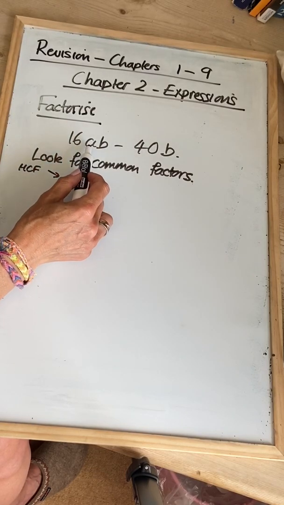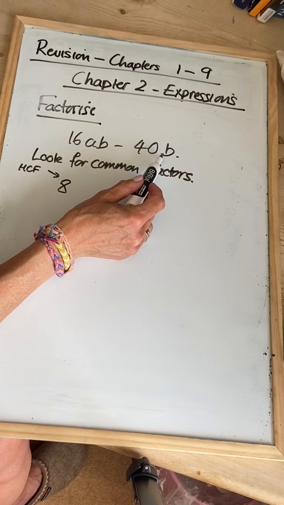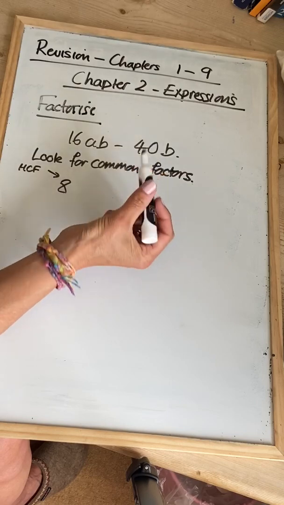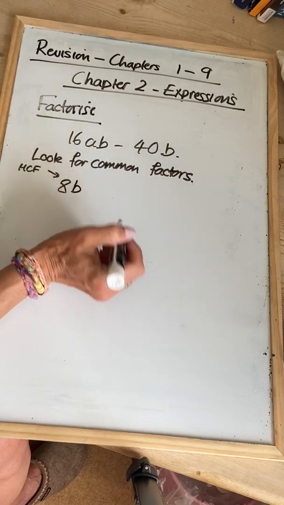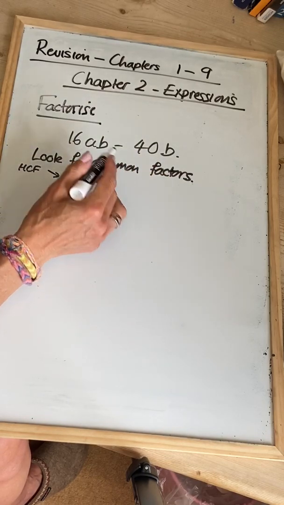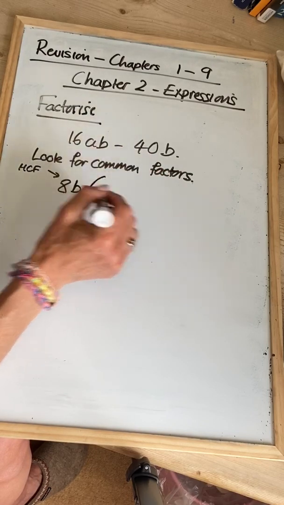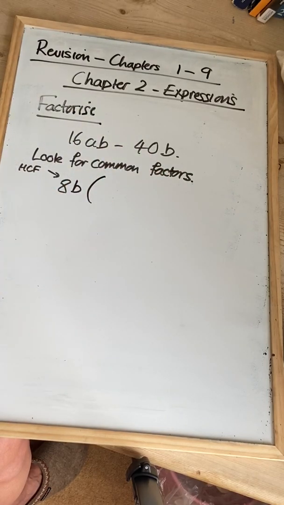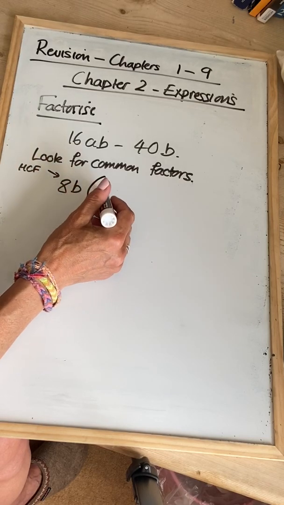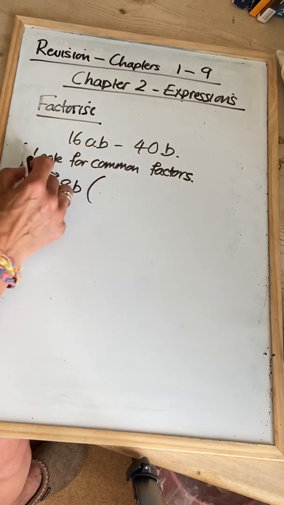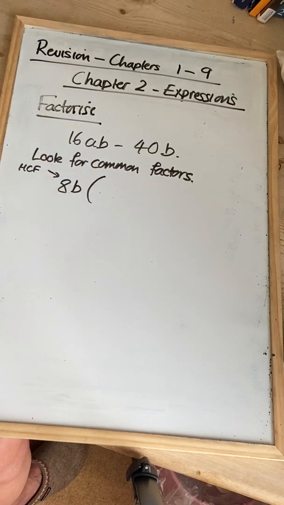And looking at the A, well, there isn't an A in the second term in this expression, so no good there. But they've both got a B in them, so I'm going to put a B next to that. So my highest common factor of these two is actually 8b. And in the bracket, all you have to add into your bracket is what you would need in order for when the bracket's multiplied out for us to get back to here.